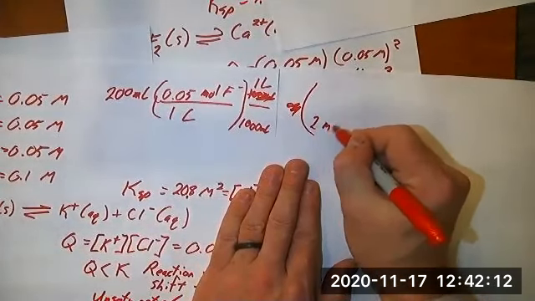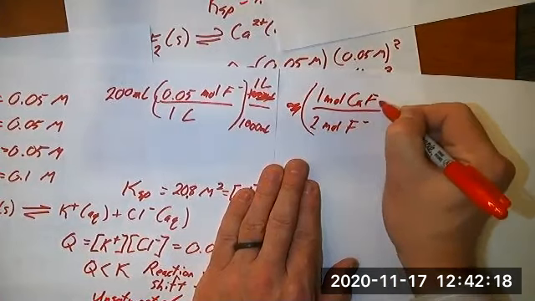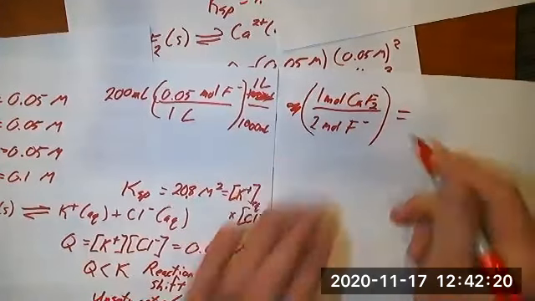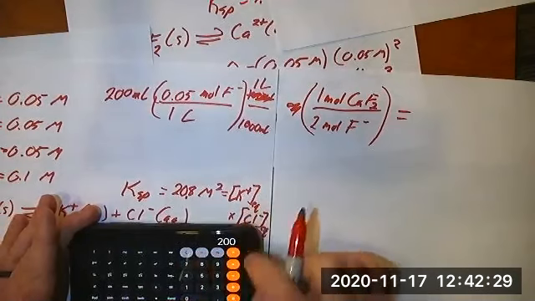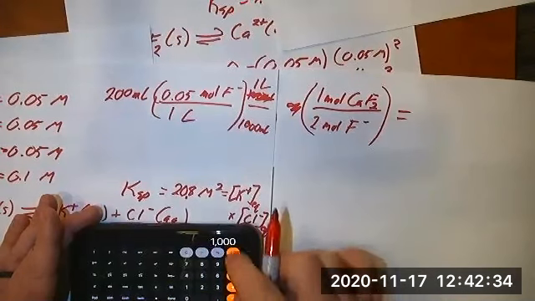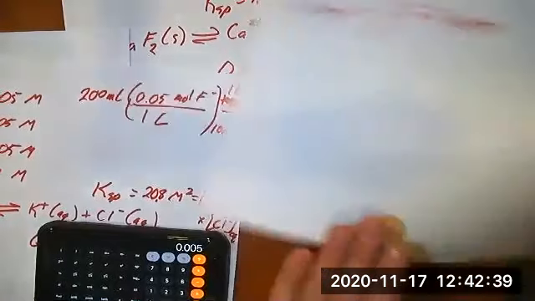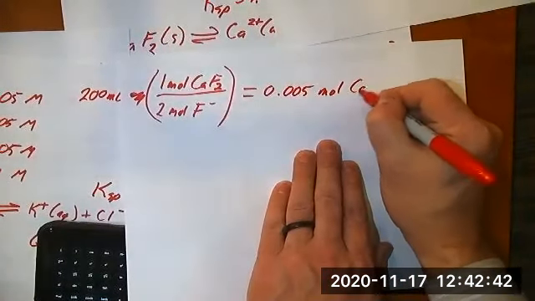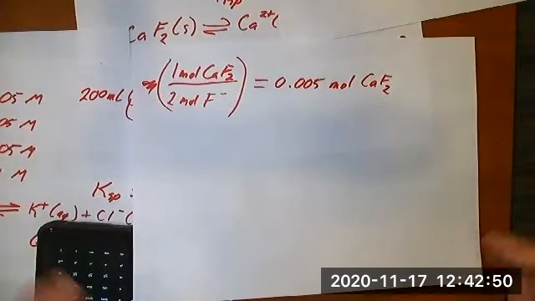And for every 2 moles of fluoride ion, we have 1 mole of calcium fluoride that's formed. So 200 times 0.05 divided by 1,000 divided by 2 gives us 0.005 moles of calcium fluoride. And if you wanted to convert that into grams, you could, just by using the molar mass of calcium fluoride.